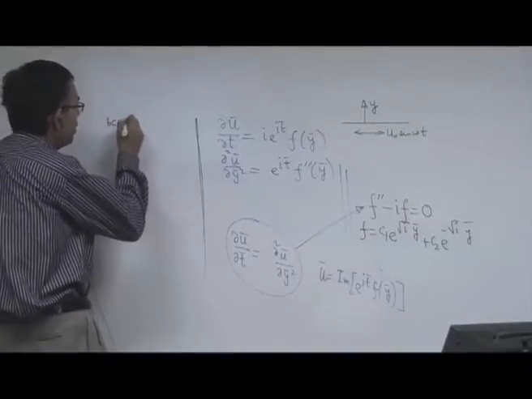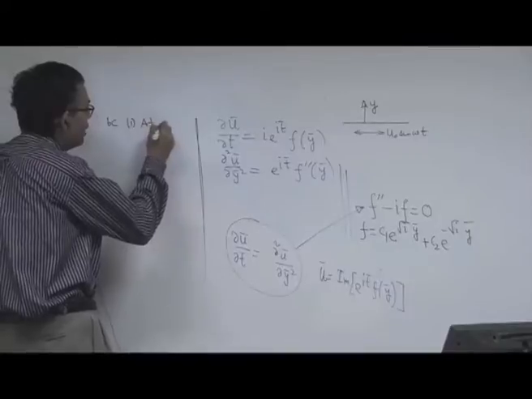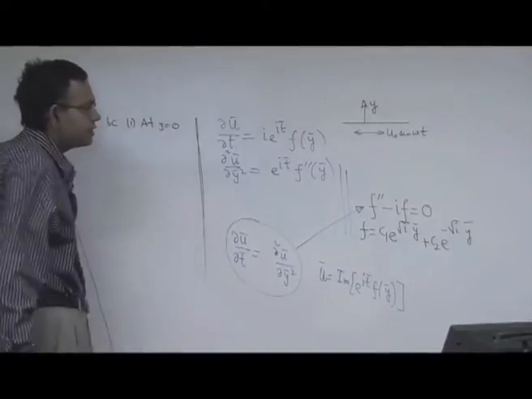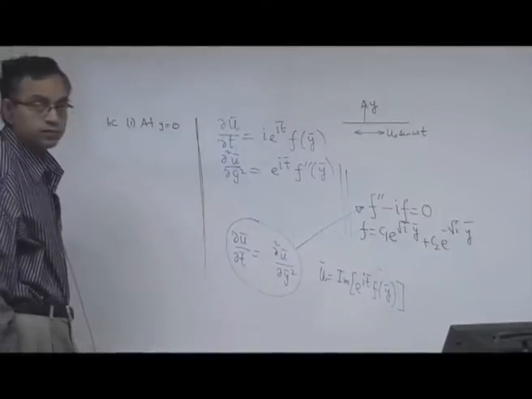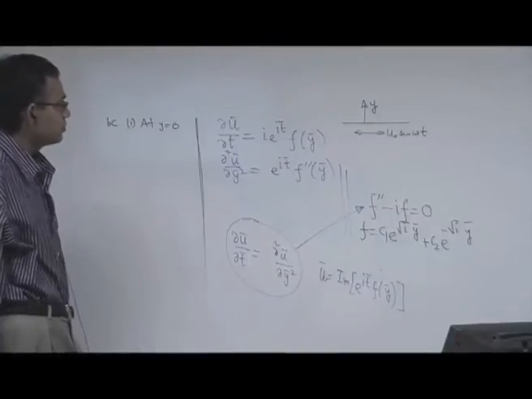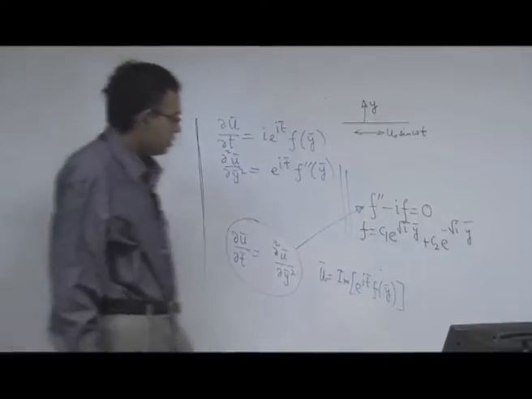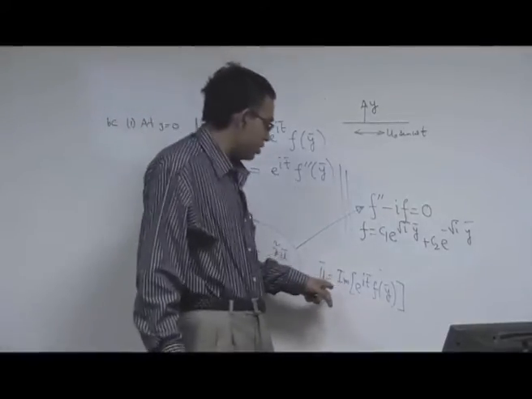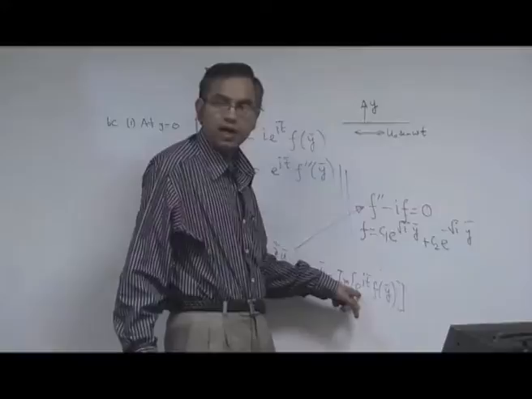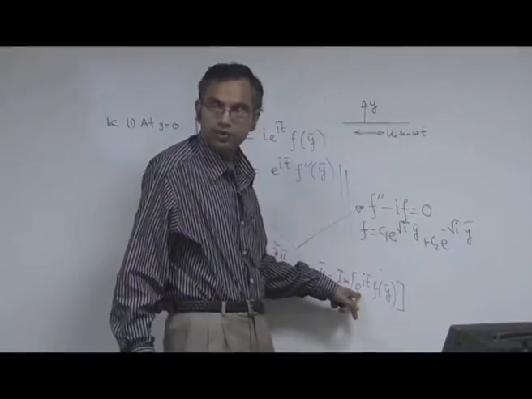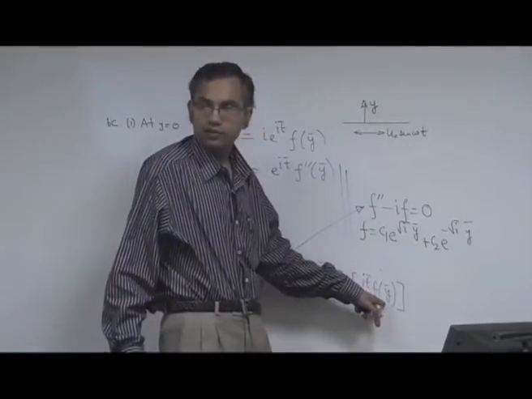Boundary condition number 1, at y is equal to 0, what is f? So, at y is equal to 0, u is imaginary to the power i t, non dimensional u, right. So, f is equal to 1.